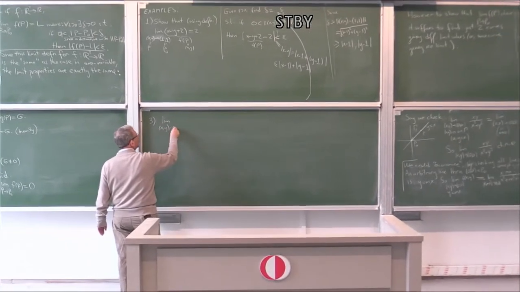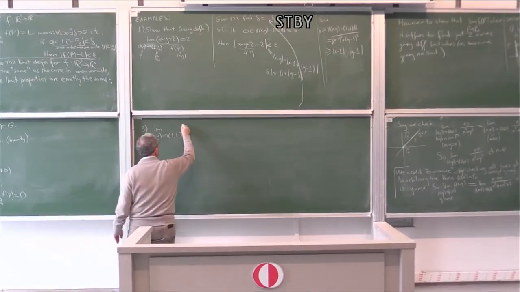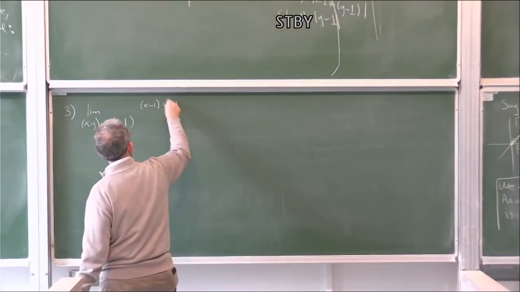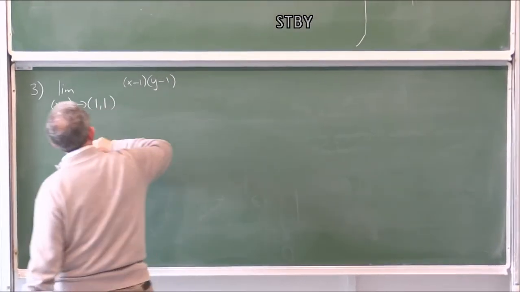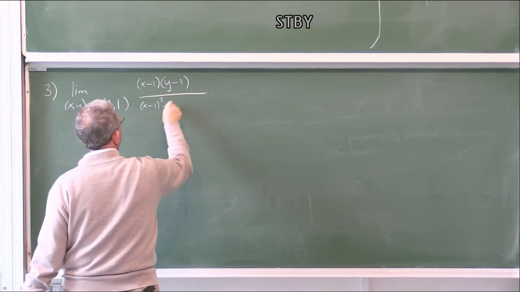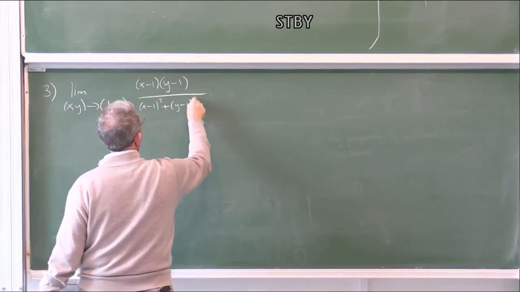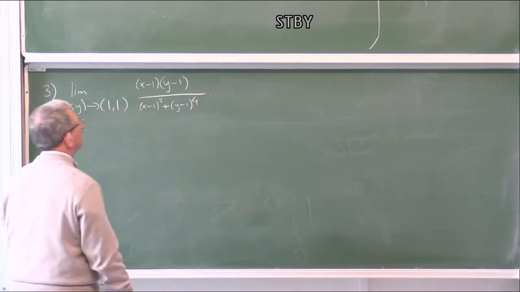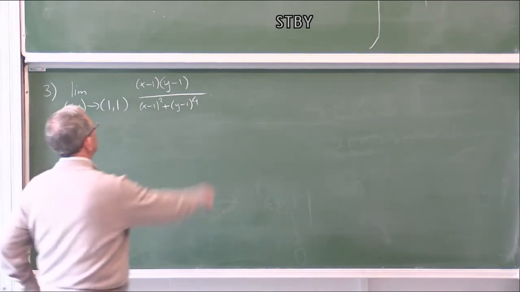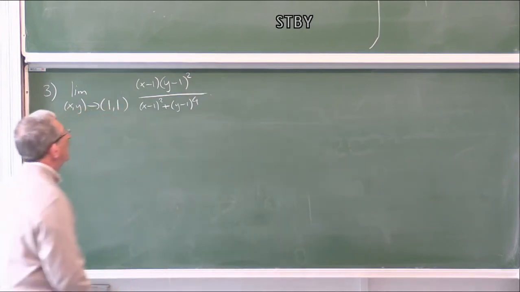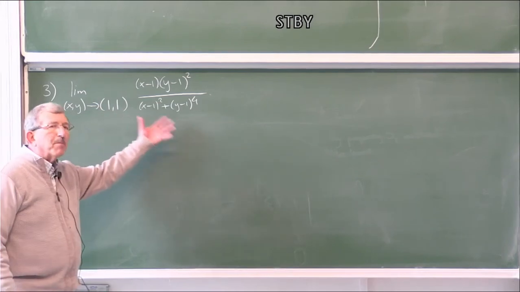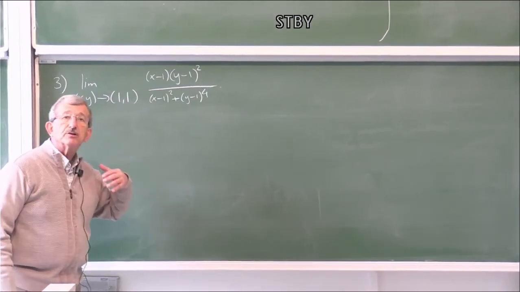The limit as (x, y) goes to (1, 1) of (x minus 1) times (y minus 1) squared over (x minus 1) squared plus (y minus 1) to the fourth. So clearly, this is again a problematic case because the denominator becomes 0.